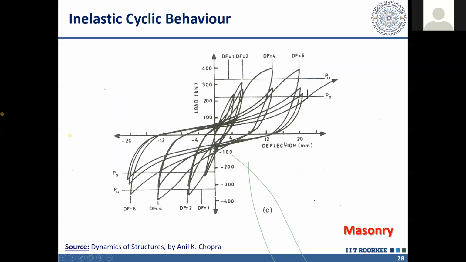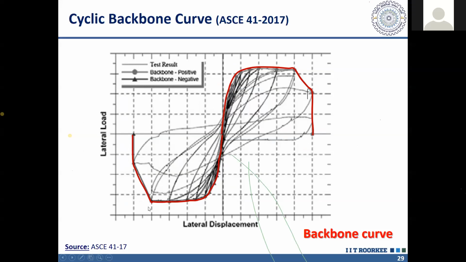But in case of monotonic load, in case of static method and the so-called pushover method, which you might have heard, it is a static method. So there, it is not possible to take the cyclic degradation. So we try to take this partially into account indirectly using what we call backbone curve. So this red curve, which is an envelope of our cyclic behavior, this we use as the monotonic curve.